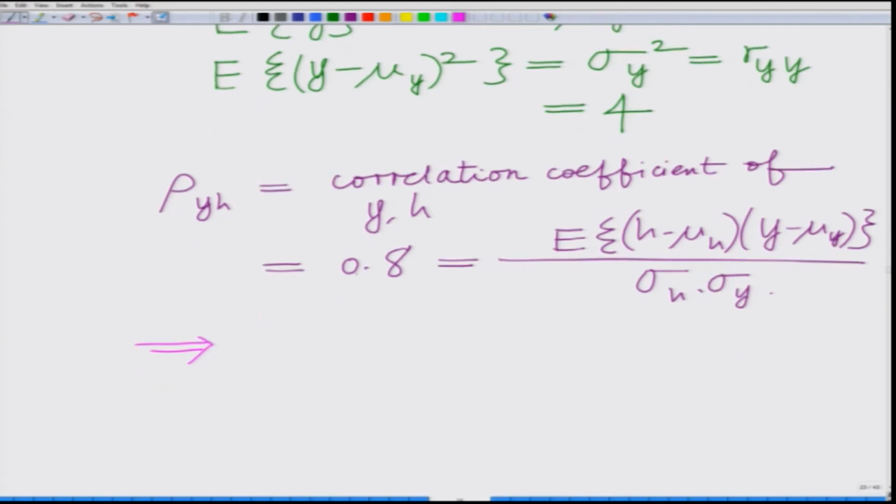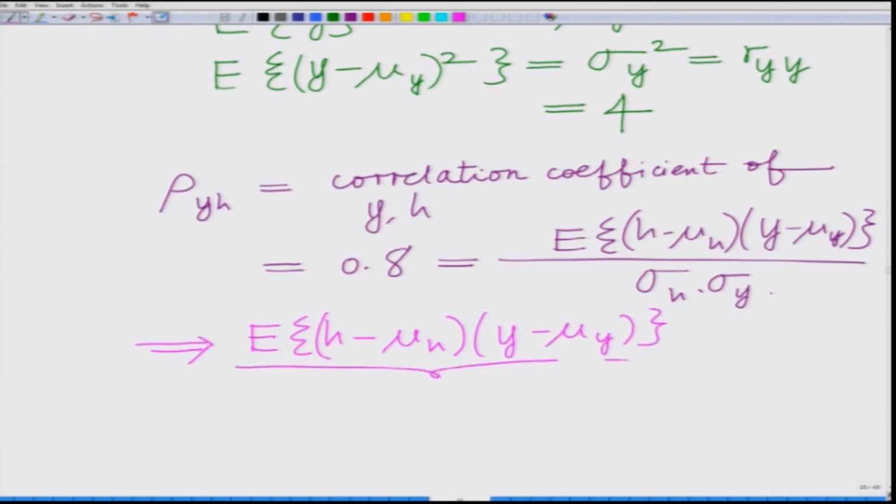Now, you can see this covariance is nothing but the expected value of (h minus mu h) into (y minus mu y). This is basically your r of h comma y.